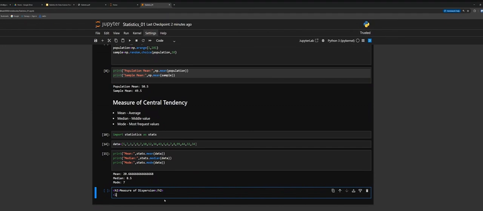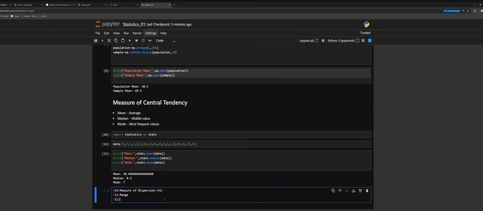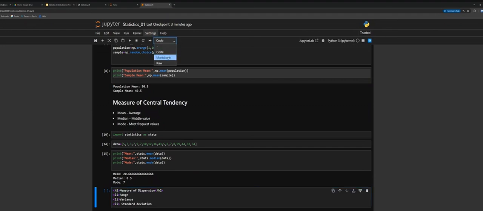So what all is included in measure of dispersion? Range. Next is variance. Variance is nothing but how far your data points are from the actual. And what is the other one? Standard deviation.